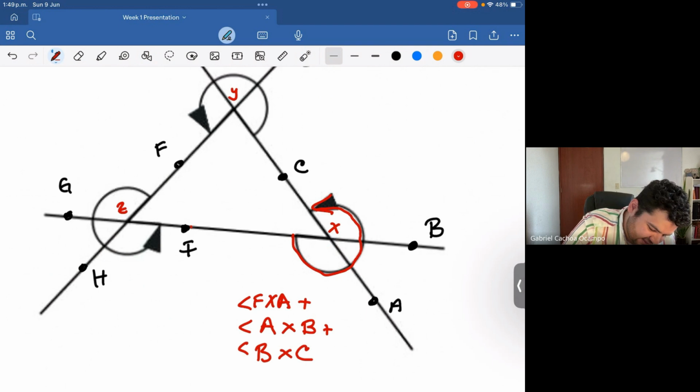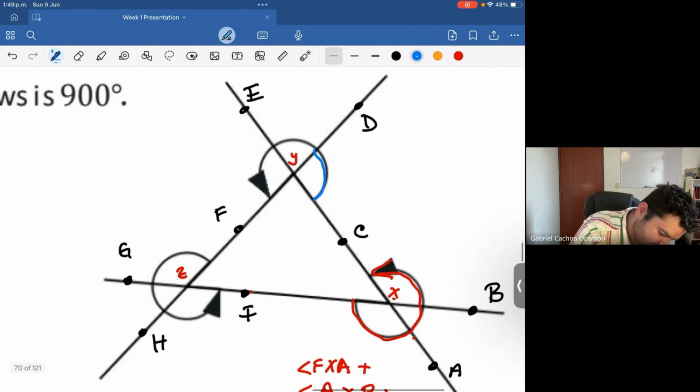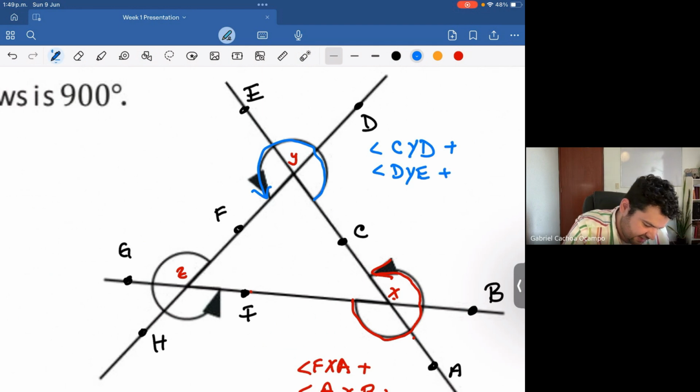Then this angle here is angle CYD plus DYE plus EYF.